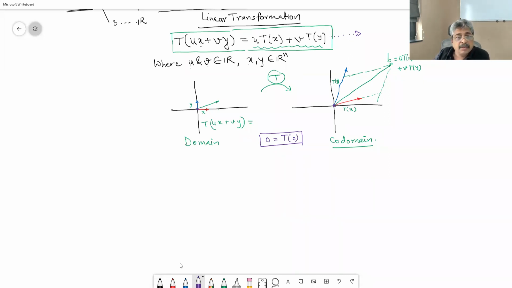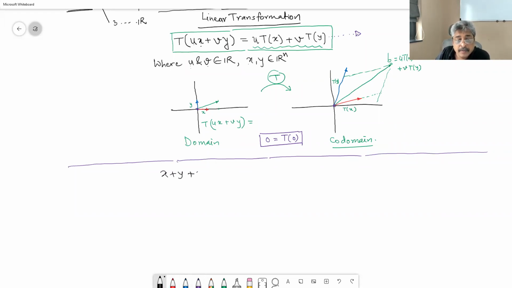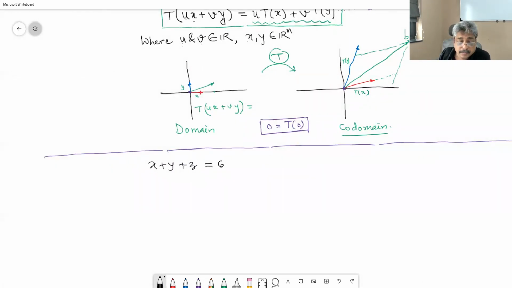Now let me take the system of equations which we have already used in last lecture. I think it is x plus y plus z, 2x plus y minus z, and x minus 2y plus 3z is equal to 2.